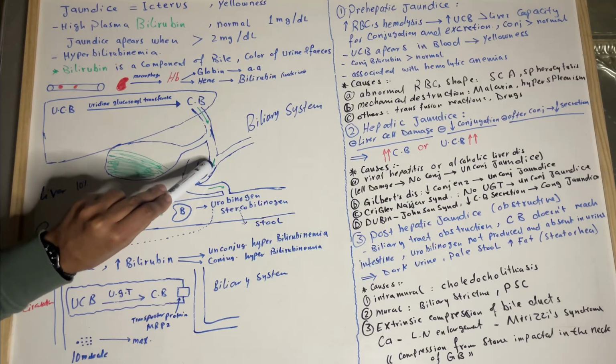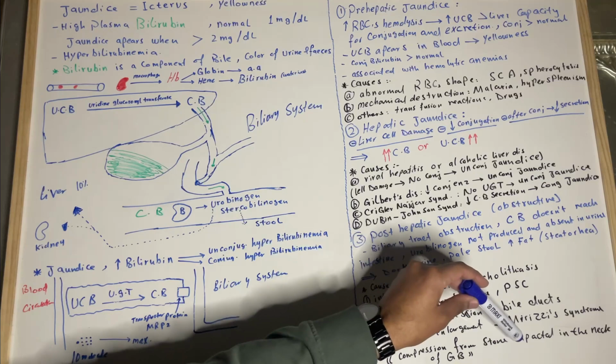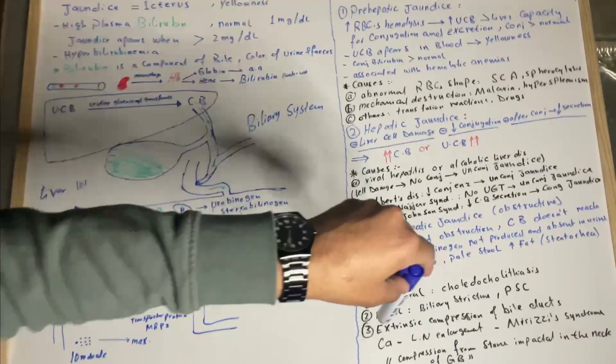This is Mirizzi syndrome. So the compression is from a stone impacted in the neck of the gallbladder.